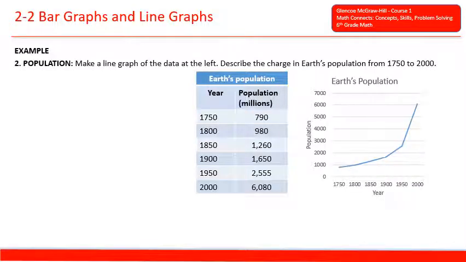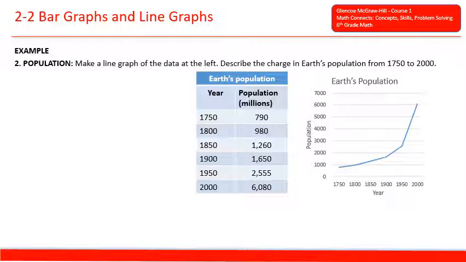So here's our line graph, and you'll notice that on the horizontal axis, it says year for the title, and on the vertical axis, it says population, and it has 1,000, 2,000. Those are all in millions.